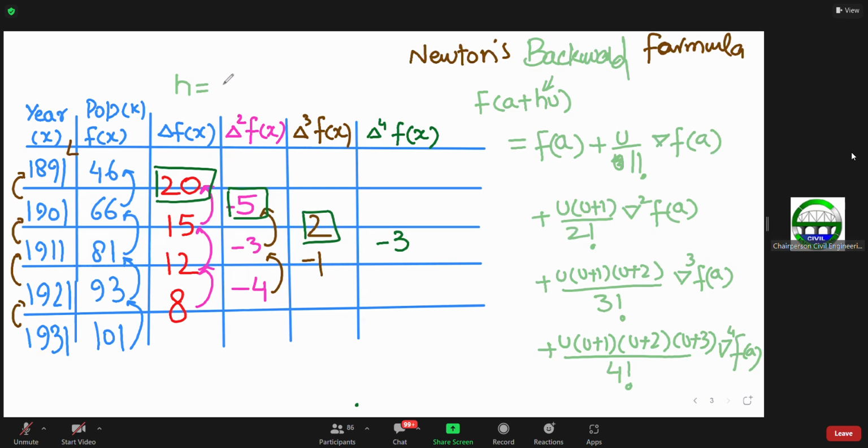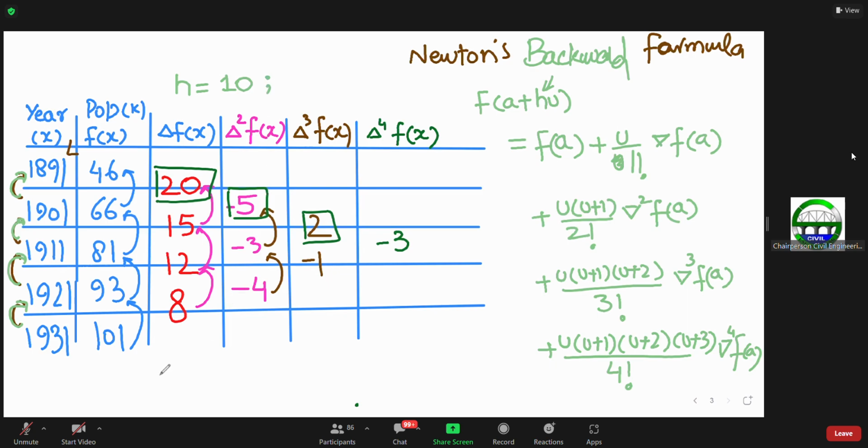The value of h will be 10. Again, because earlier we always take the difference, this one. This one is x plus h, x plus 2h, x plus 3h, x plus 4h, right? We always put in this way. So h will be 10.